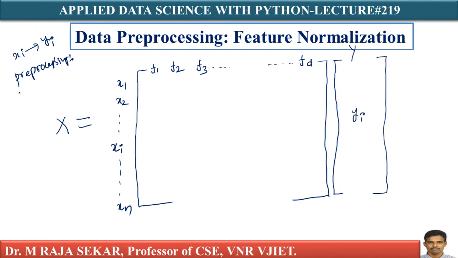It is some sort of mathematical operation. How is it useful? We will try to understand. It is a mathematical operation and transformation that we have to do on the data itself. This transformation has to be performed on the data itself.